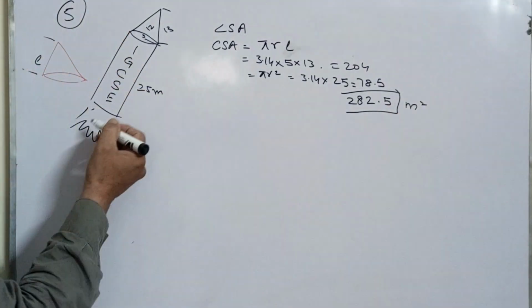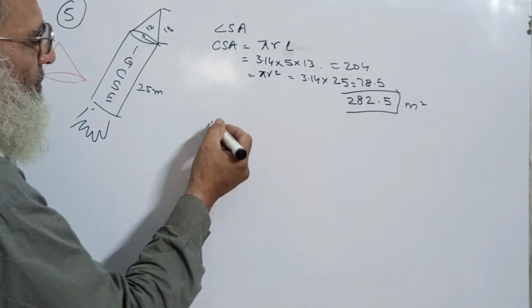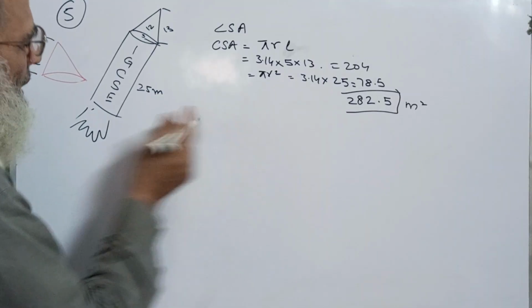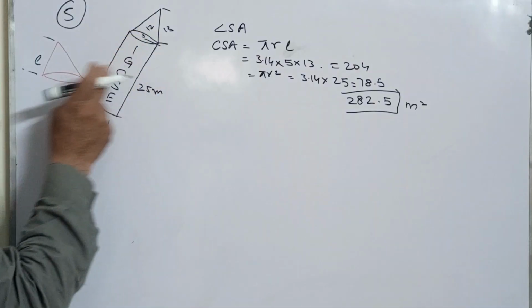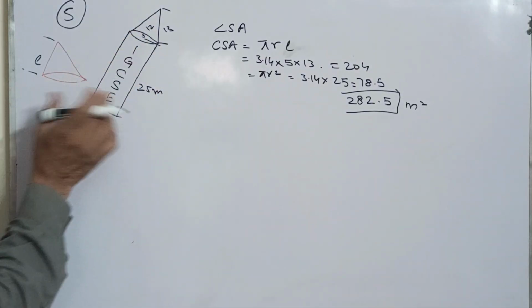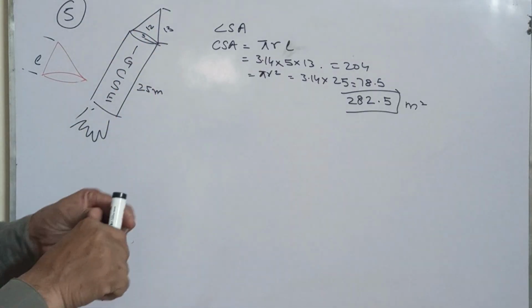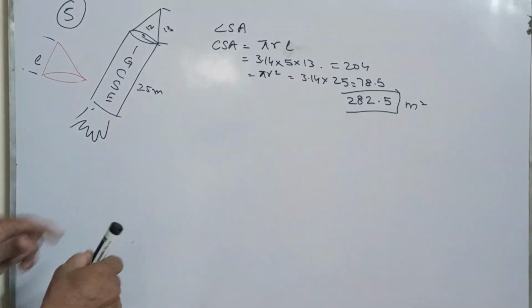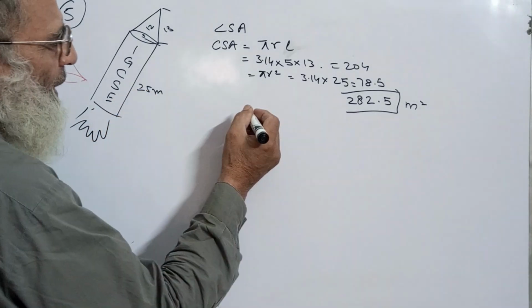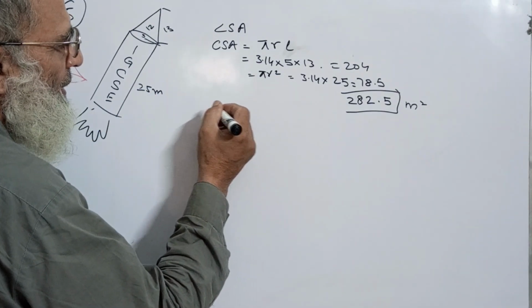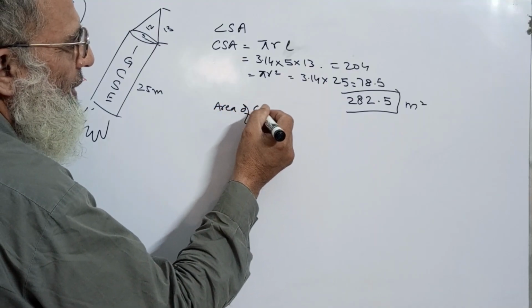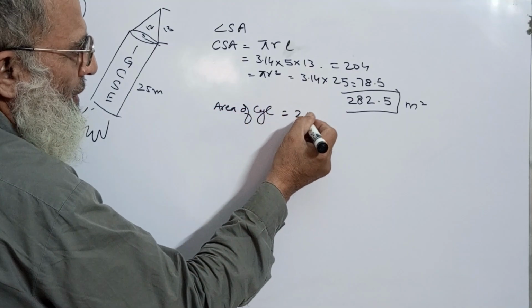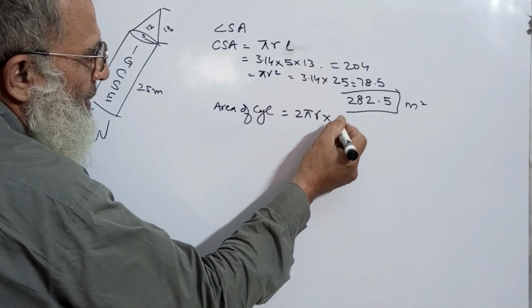Now about the cylinder. You see that it is open at this end. We have already calculated the circular part, so it is the cylinder from the outer side only. The area of the cylinder is 2 pi r multiplied by the length.